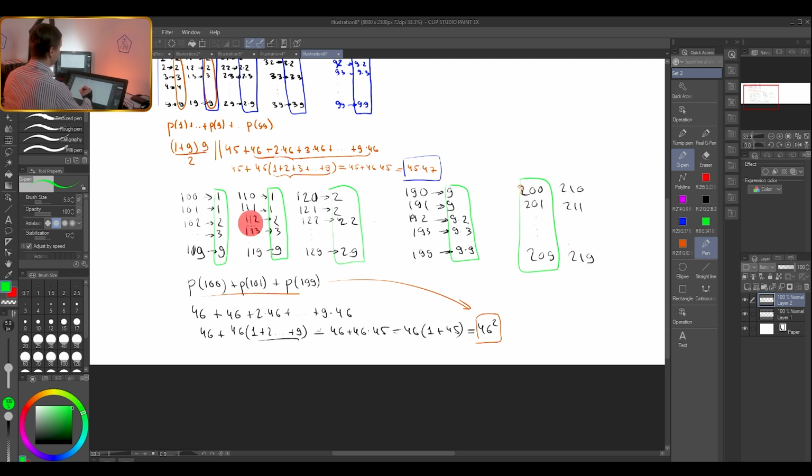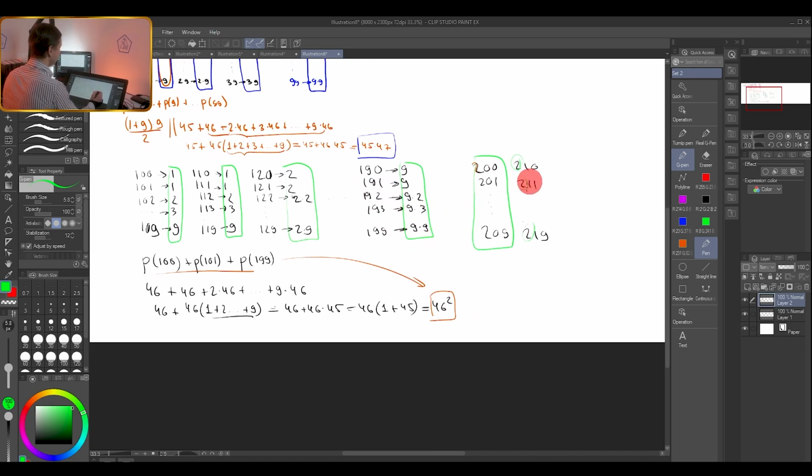Here you will have exactly like this, but once again, everything will be multiplied by 2 because of this contribution, 2 on the first place. And this pattern will repeat in every next column, in the third, in the fourth, in the ninth column here. Every number will be twice larger than the number in the ninth column here, because you have a contribution from 2 on the first place.